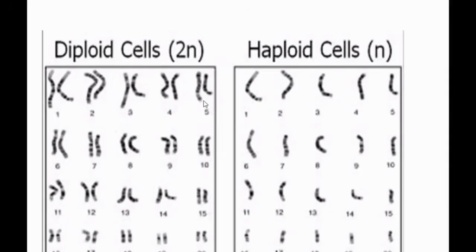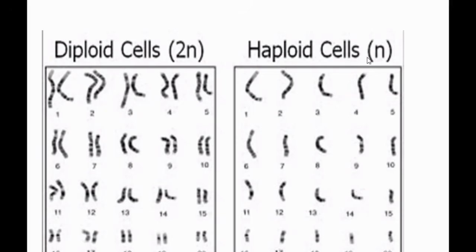Clear? You can see the diploid cells, in the sense all the cells which have the 23 pairs, that is 46 chromosomes, are called diploid cells, whereas the gametes, sperm and egg, have only one set of chromosomes. Say this is one pair. From this pair, either this chromosome is present or this chromosome is present, not both together, in the case of sperm and egg.